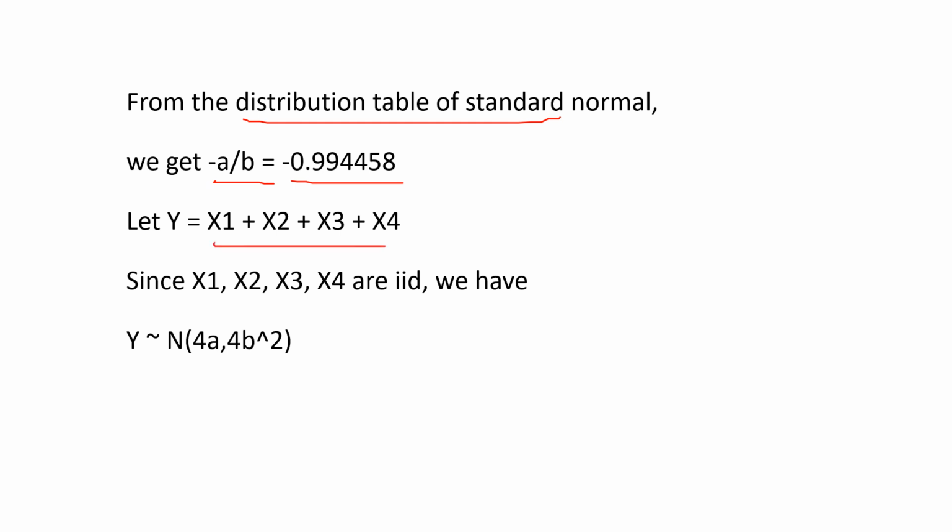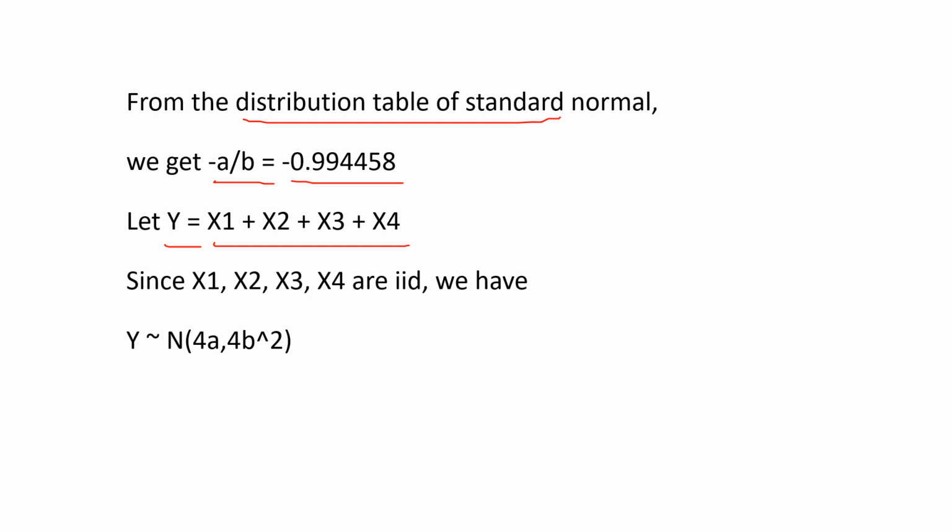Now if we add the returns for each of the quarters, we'll get the returns for the entire year. And if that return is less than 0, that means we would have lost money. So we create a new random variable Y, which is equal to the sum of returns for each of the quarters. We know that the xi's are normally distributed and they are independent.